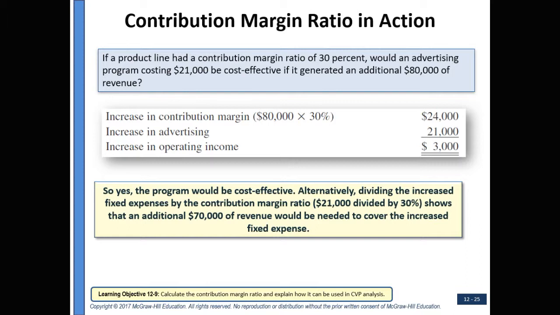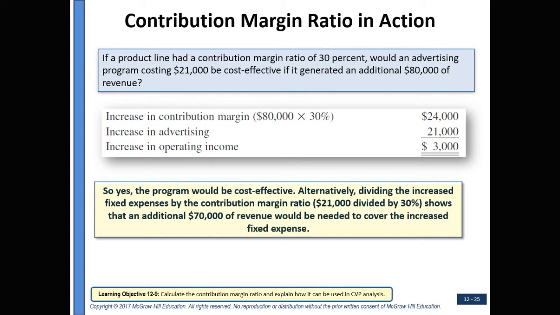So if a product line had a contribution margin ratio of 30%, would an advertising program costing $21,000 be cost effective if it generated an additional $80,000 of revenue? This is a common scenario. This type of scenario would increase operating income by $3,000.